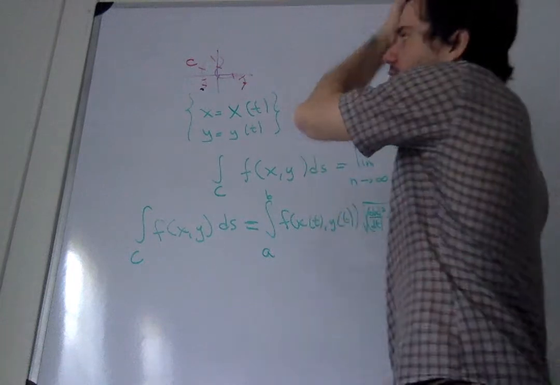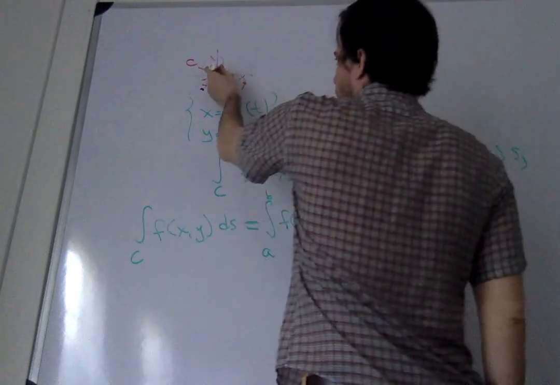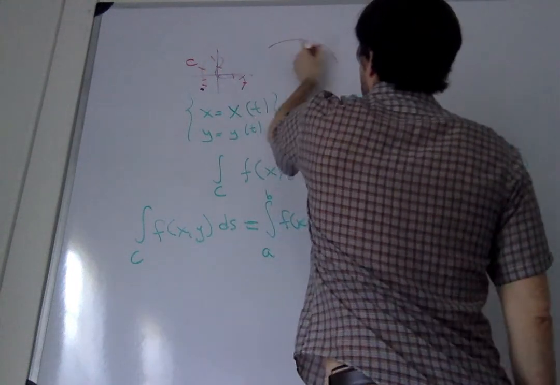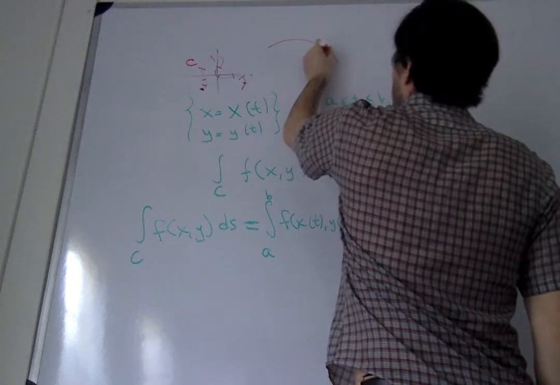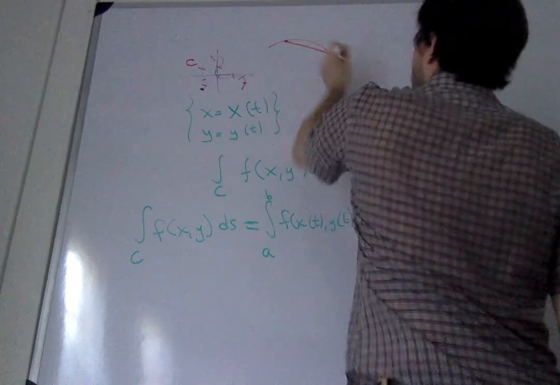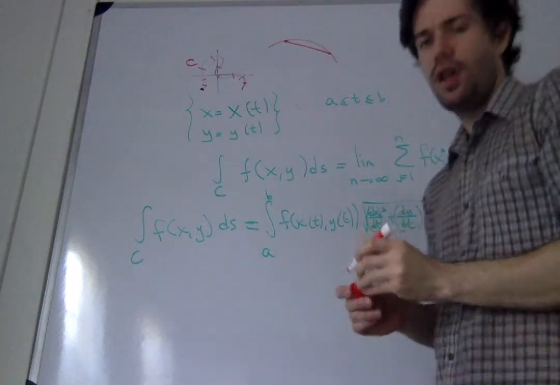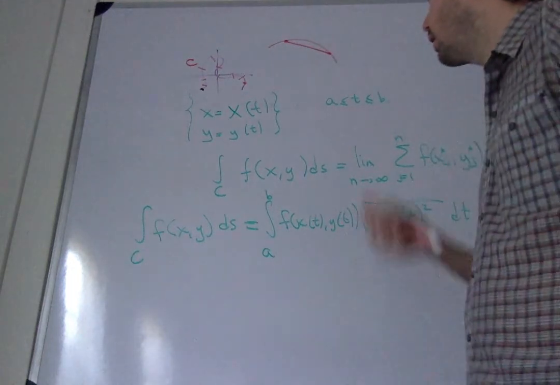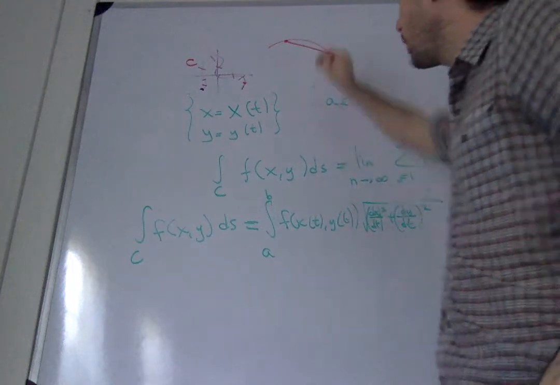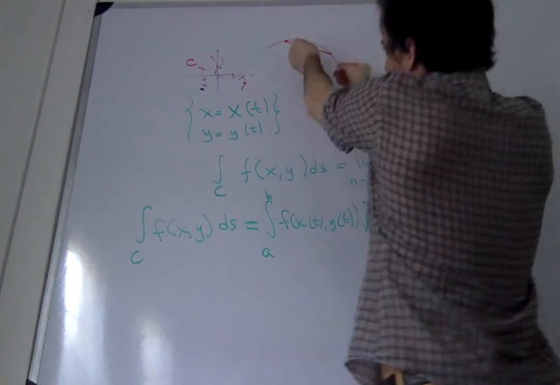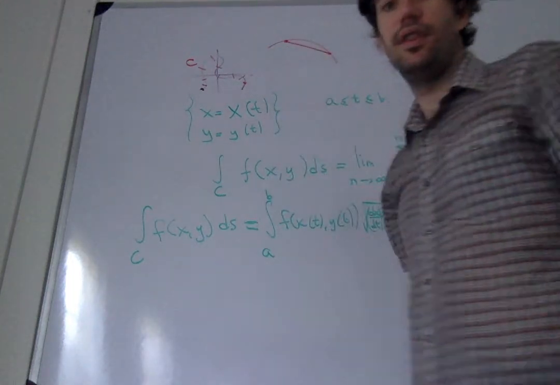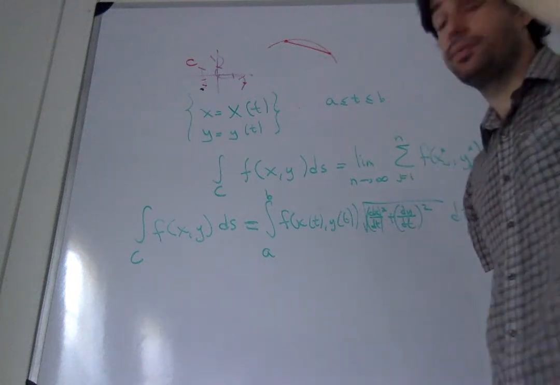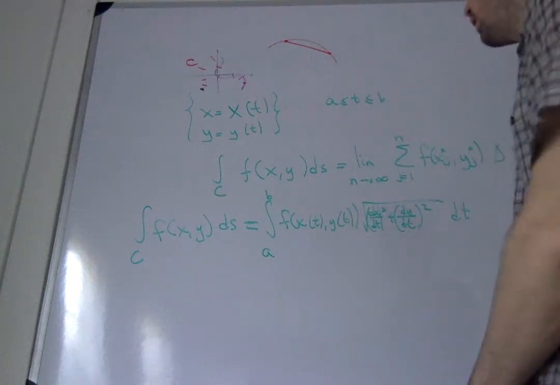So what is ds? You can basically think of it as if you have a curve, you're going to have a secant line. So think of that s as a secant, d-secant. And as we move, that secant line is going to change.